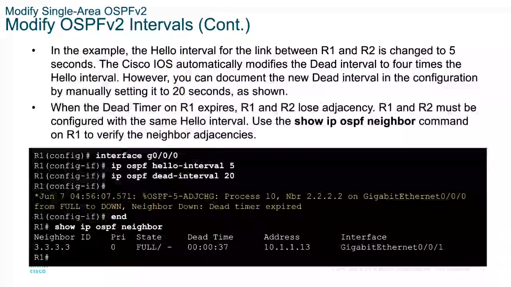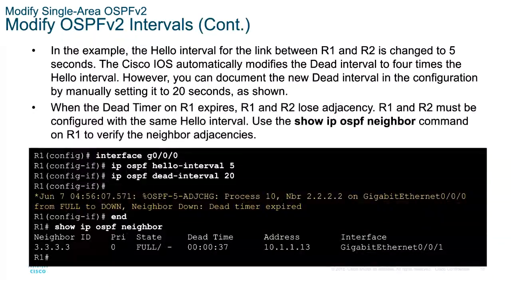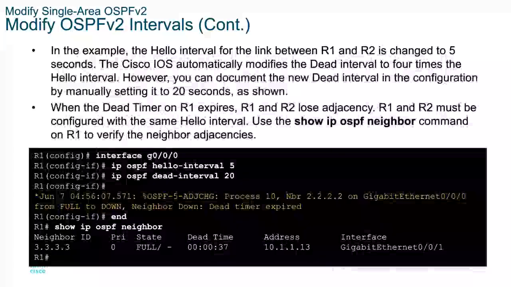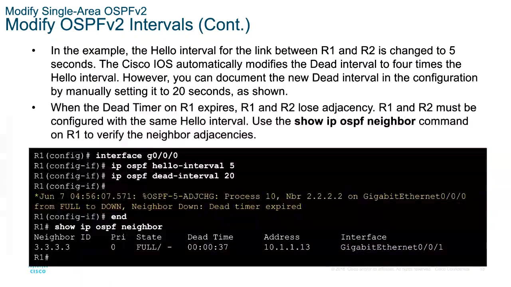Now, as I said, it should be 4 times. The problem with this is you're going to have things drop out until you get to the other neighbors and change their timers.